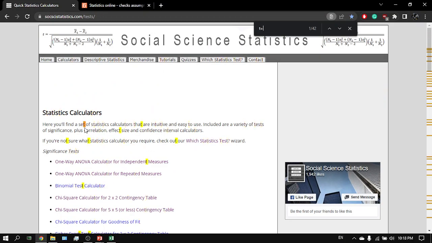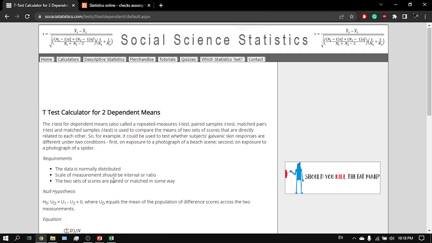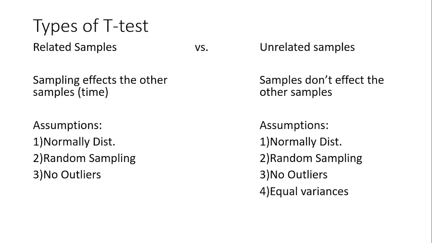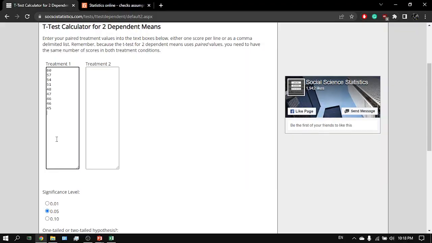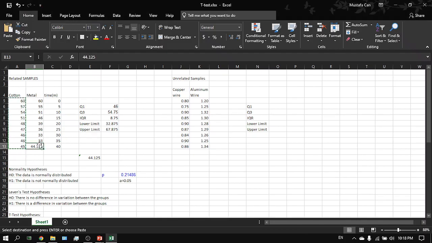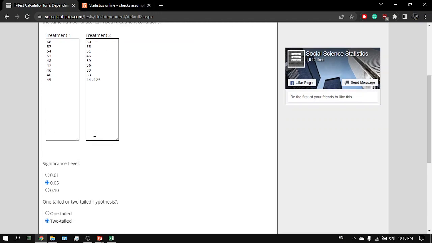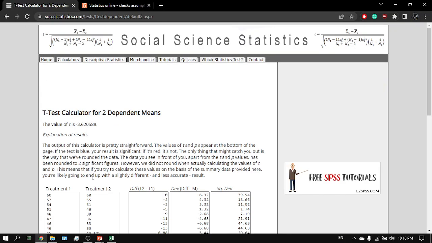T-test, t-test calculator for dependent means. Let's see, I take my treatment 1 here, take my treatment 2 here, place them, 0.05, as I said, two-tailed, calculate.